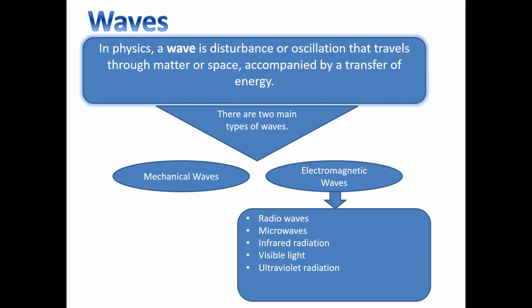When you study communication engineering, you will see all the other things: radio waves, infrared radiation, visible light, ultraviolet radiation. But I'll tell you the spectrum range, in which range what is situated.